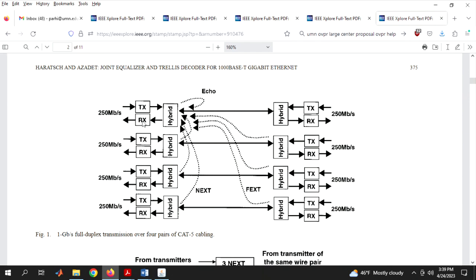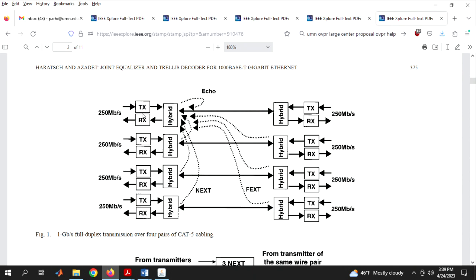Each of these transmitter receivers is receiving information at 125 megabaud. The baud rate, or the symbol rate, is 125 megabaud, and these are effectively achieving 2 bits per symbol.